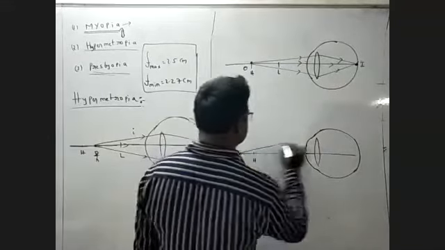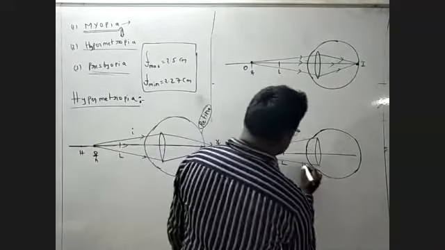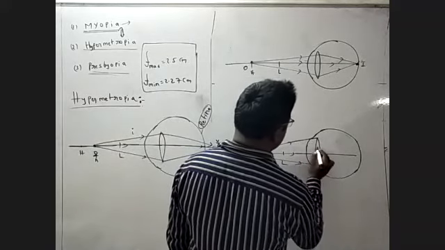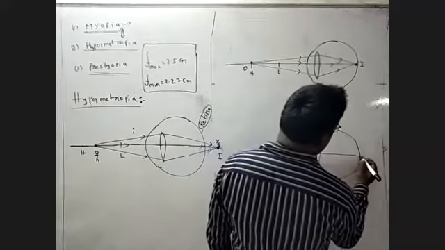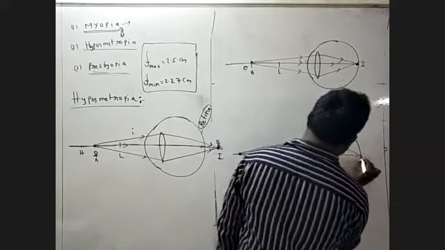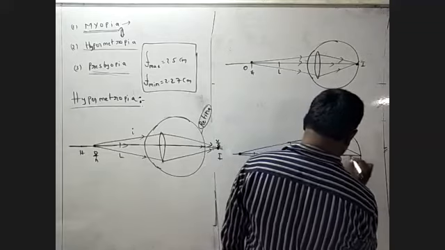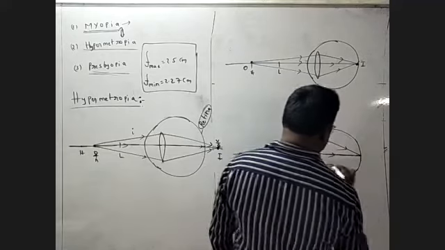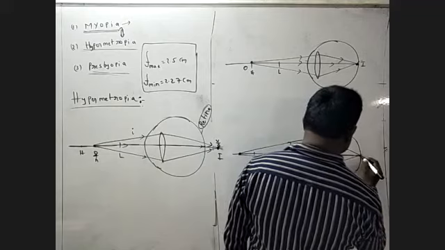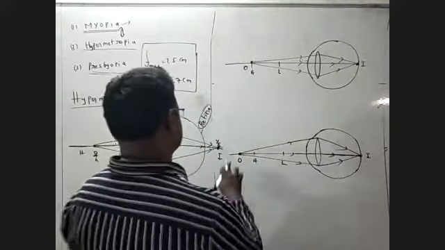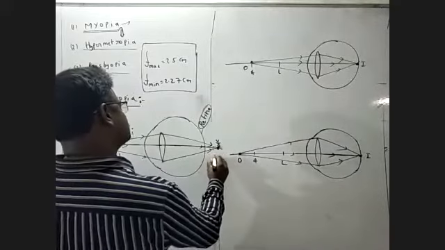The rays travelling in this direction strike here and converge at this point. This ray also goes straight and strikes here, and also converges at this point. The image is formed here on the retina. So you are seeing clearly.